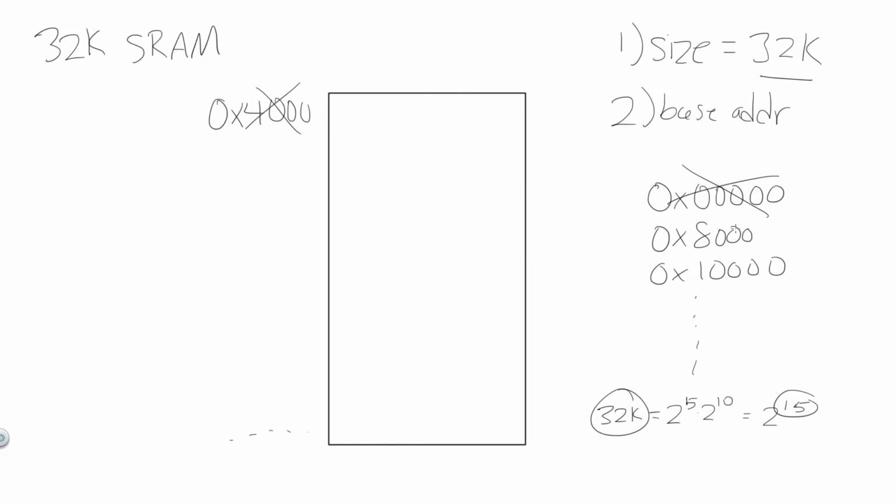This leaves me with 8,000 or any address afterwards in the memory map, as long as it's a 32K boundary. So I will assume that I'm going to put it at 8,000. And if it's going to be a size of 32K, I need to add 32K to hex 8000, which is going to be 0xFFF.